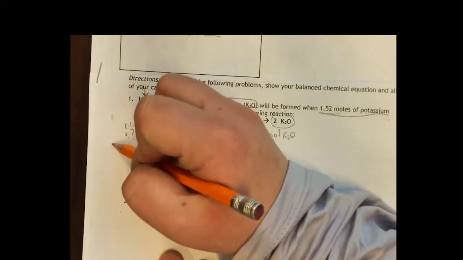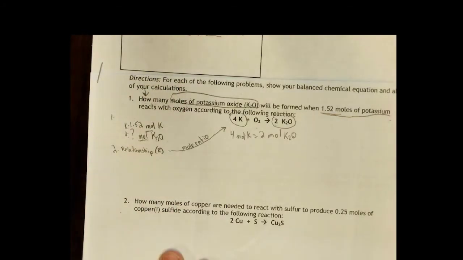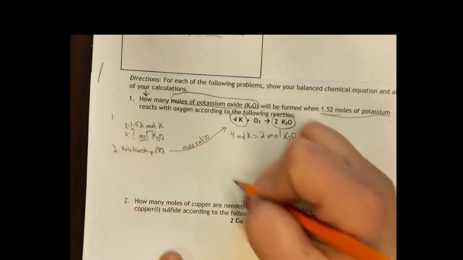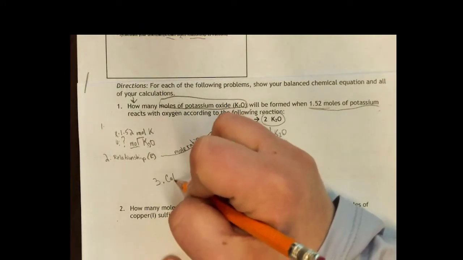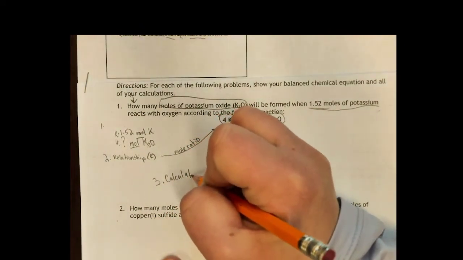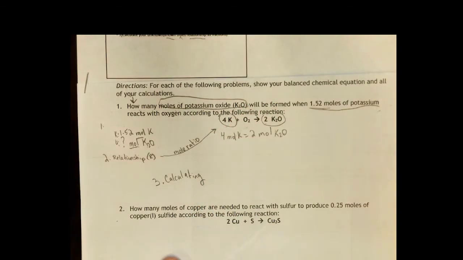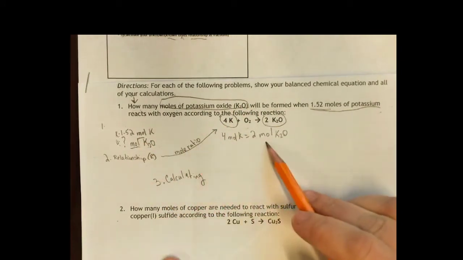Just to keep track, I think I'll go ahead and label this as steps. Step 1, step 2, step 3, calculating. In this case, we put our known value down first and multiply it by the relationship we found.